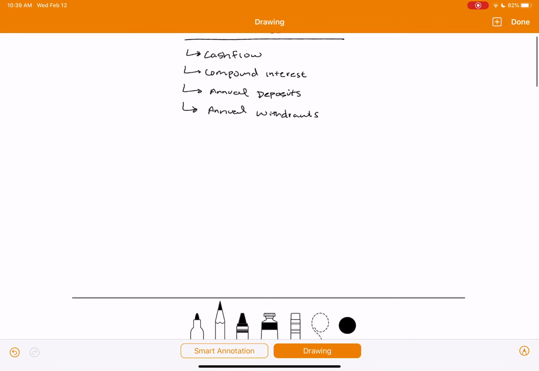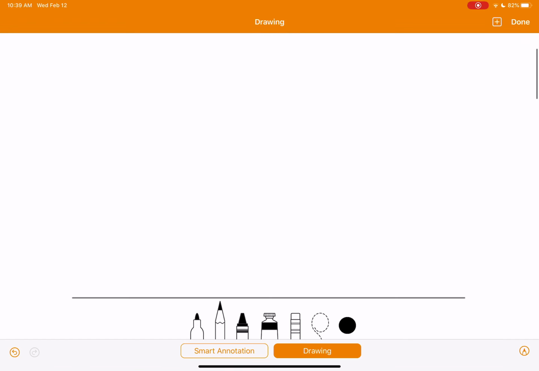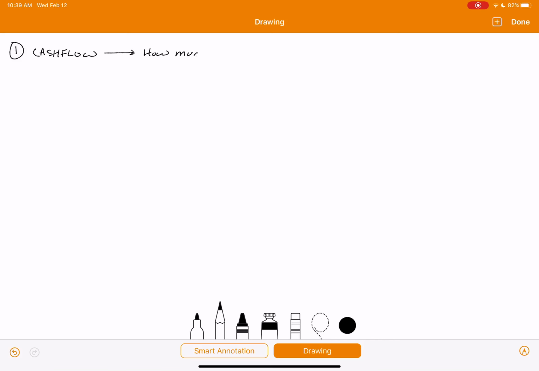All right, so let's go ahead and just jump right in. So first thing we want to talk about is cash flow. And this is just how much money you're bringing in versus how much is being spent.